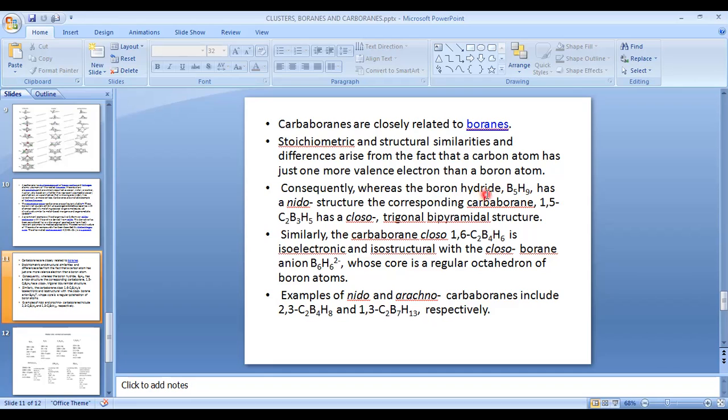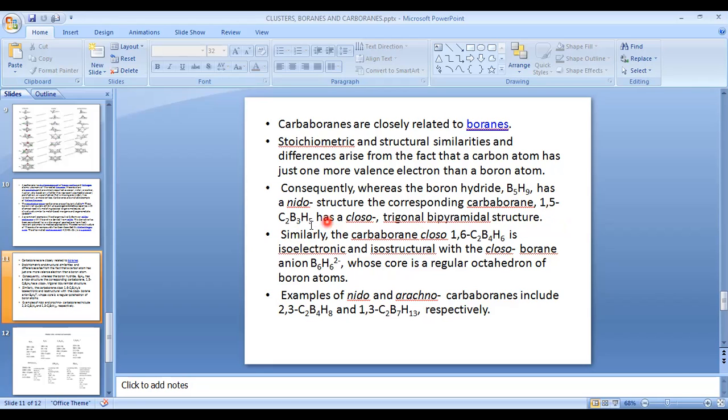Consequently, whereas the boron hydride B5H9 has a nido structure, as we have just studied, the corresponding carborane is 1,5-C2B3H5, also a closo. Why? Because here 4 plus 9 plus 5, how much? 18.